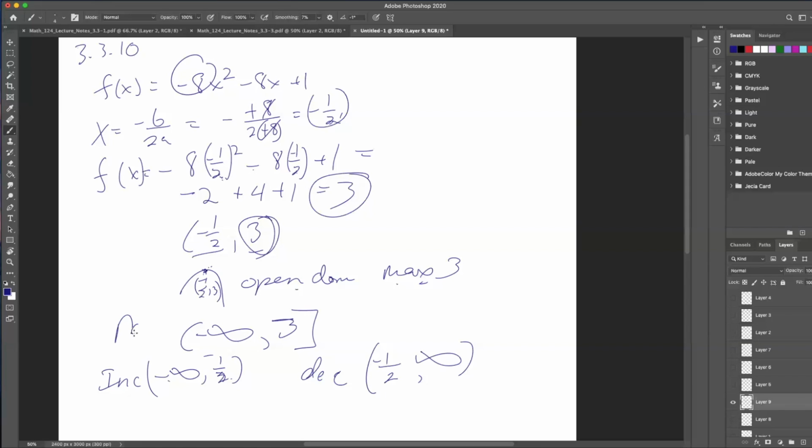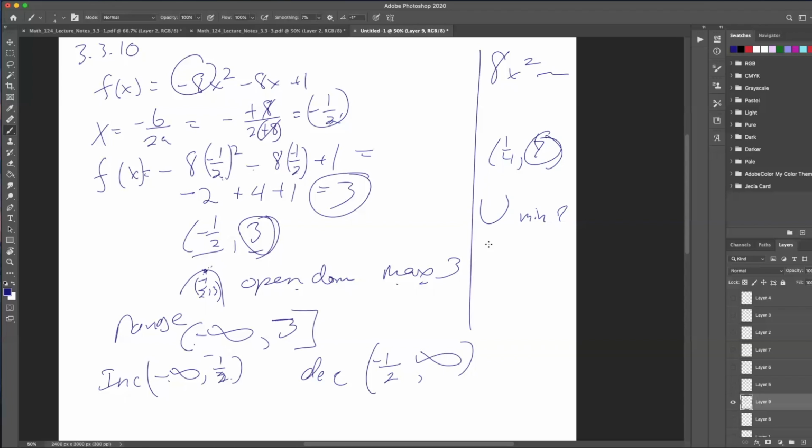The range here is from negative infinity to that when it opens downwards. If it opened upward, let's pretend I had a positive a squared, and I got minus a half, and let's make it look different, say a 4th and 7. This one would open upward because this is positive, so I'd have a minimum value at 7.